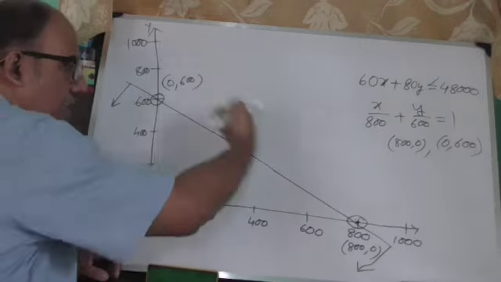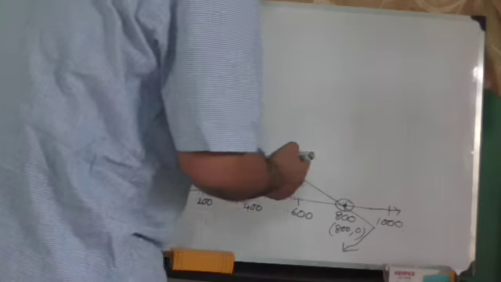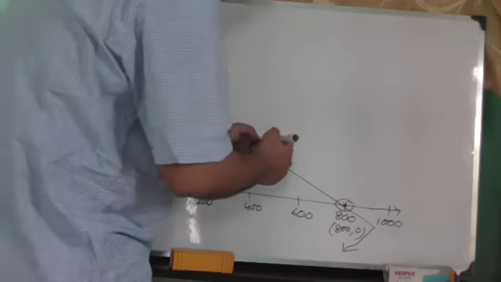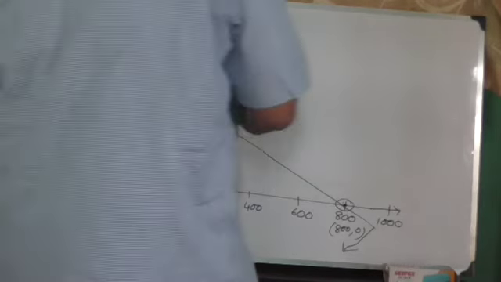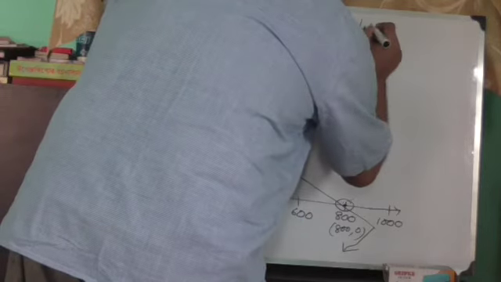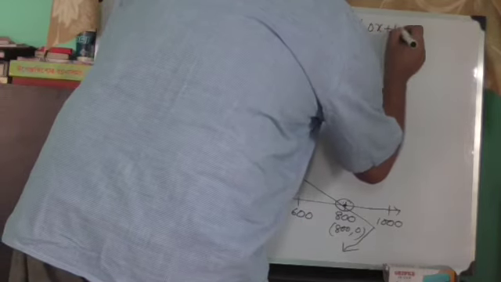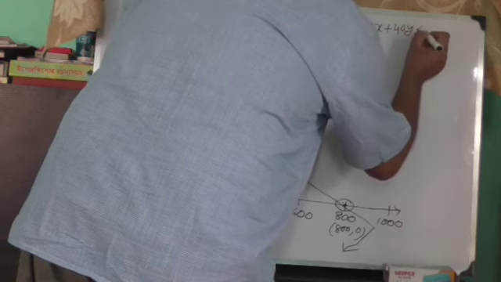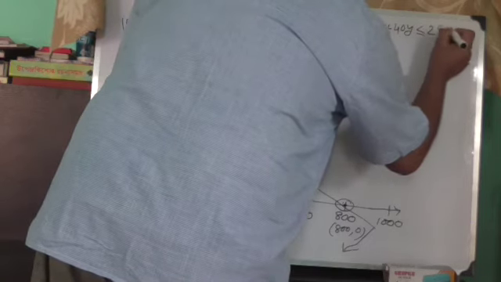Similarly, we will draw the two other constraints that we have. The second constraint was 40x plus 40y less than or equal to 28,000.